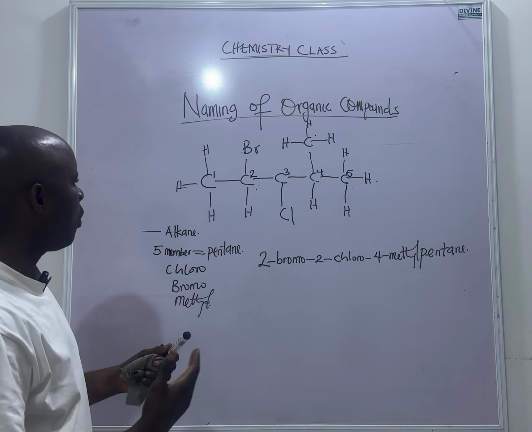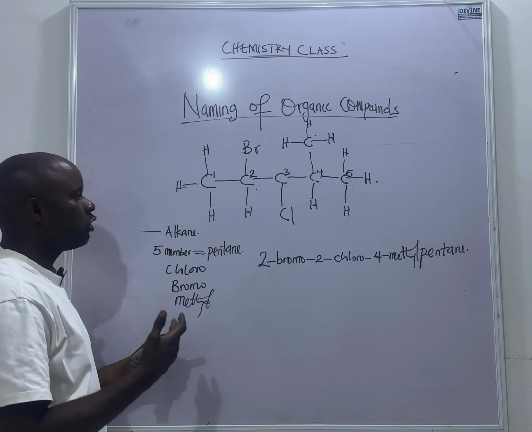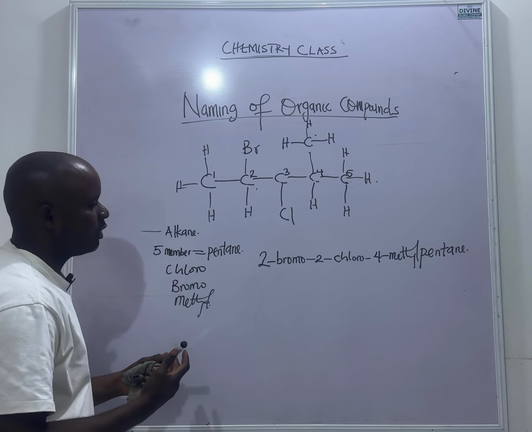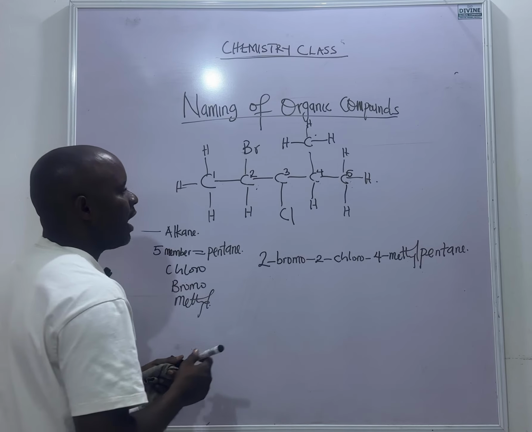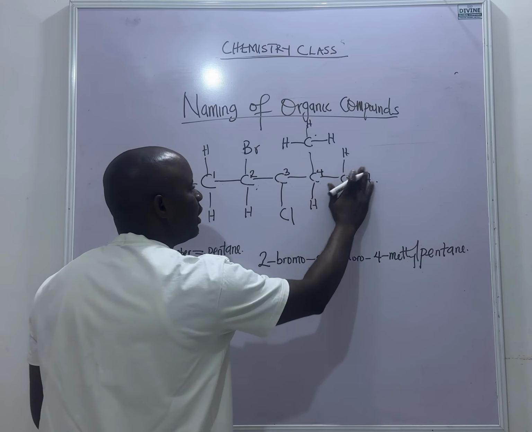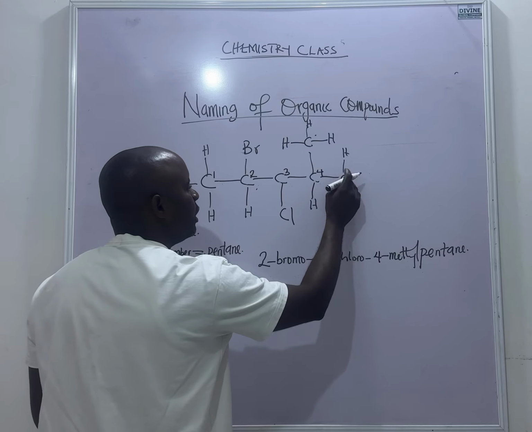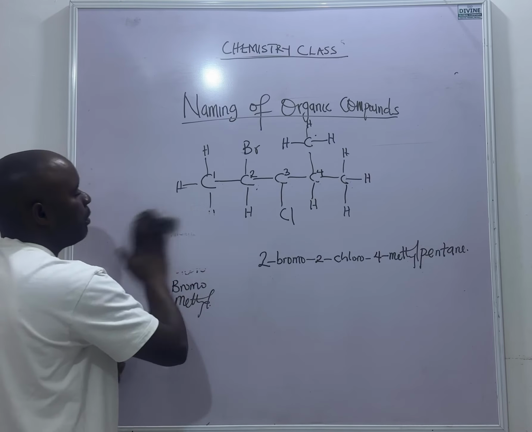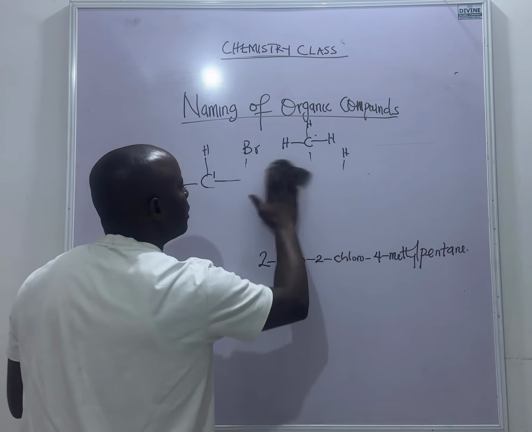If we have two substituents at the same carbon, we are going to make reference to that. Let's use a very common example as well. Let's wipe this and have a more proper example to illustrate.